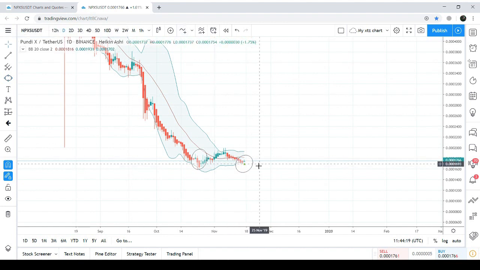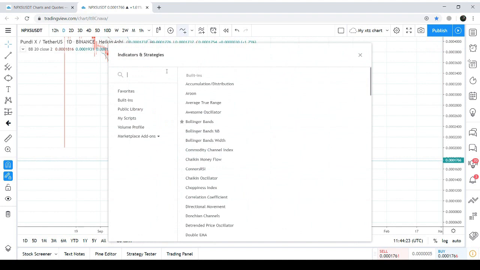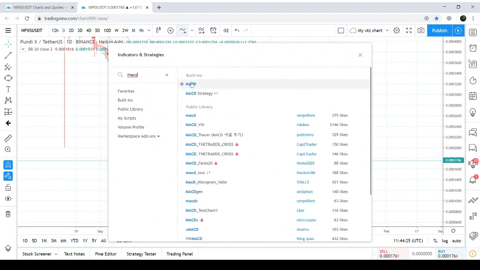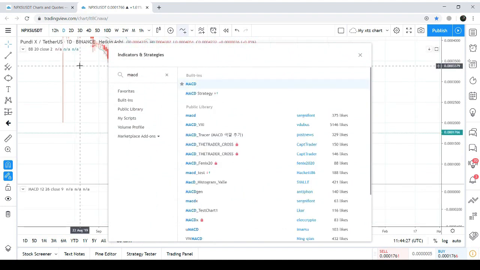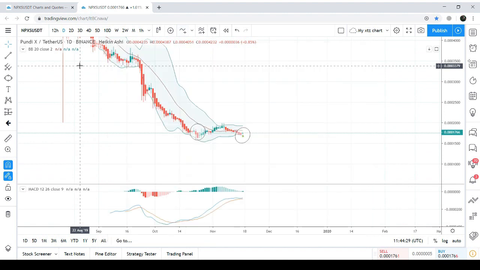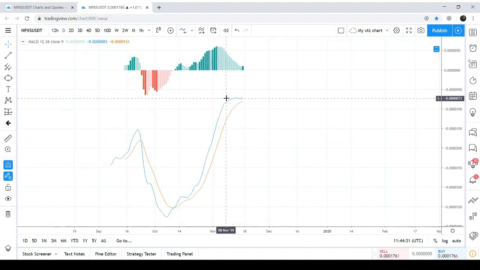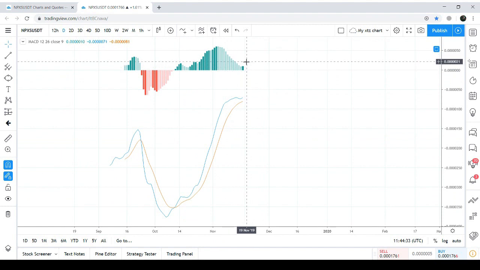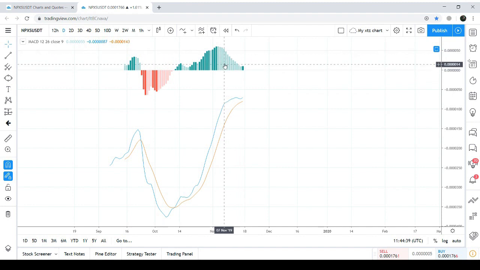After hitting at this support, we can see that the moving average convergence divergence, the MACD, has turned strong bullish. It was weak bullish. Here you can see from the histogram that it was weak bullish.